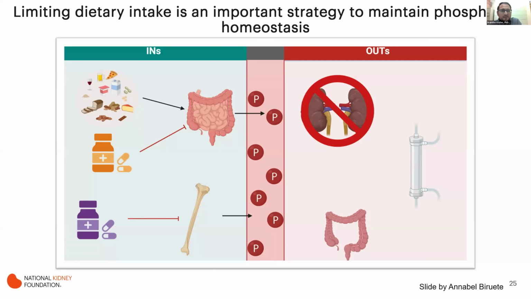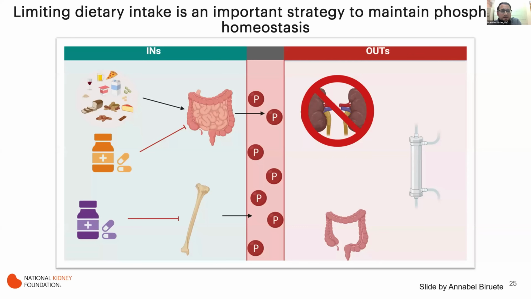As I was thinking about this question, I wanted to zoom out and think about phosphorus balance. Anytime I think about physiological concentrations of something, it's a balance between in and out.